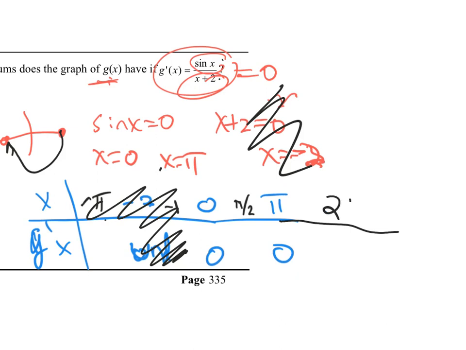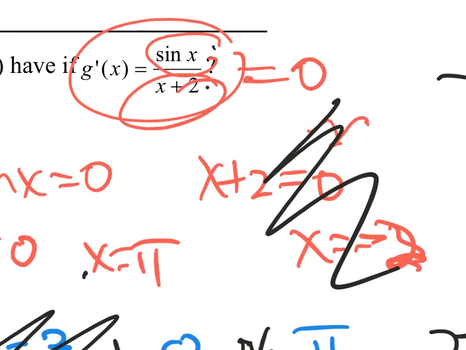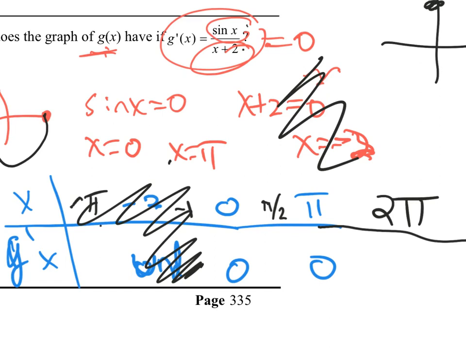2 pi is definitely bigger than pi. Okay, so here goes. What is the sine of pi over 2? That is a 1. And then 1 divided by pi over 2 plus 2 is positive. So it's increasing.